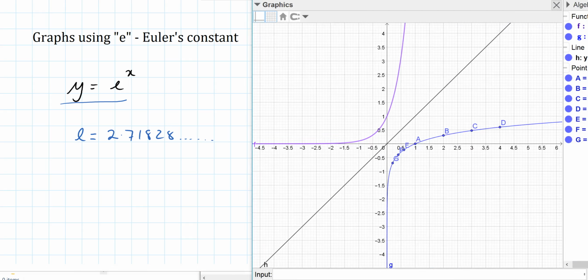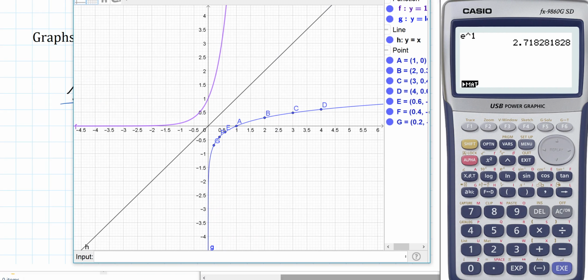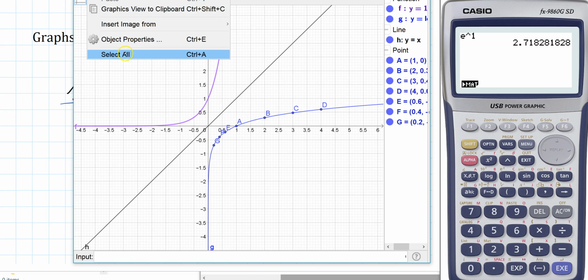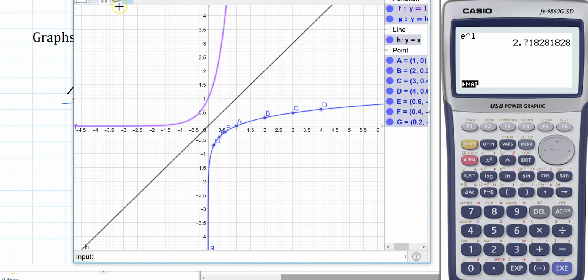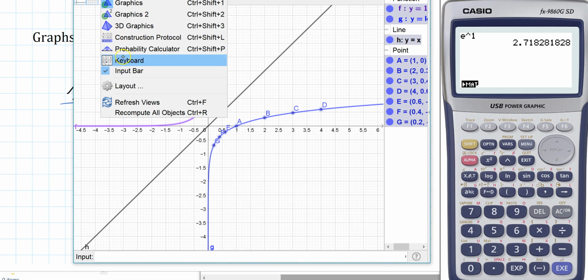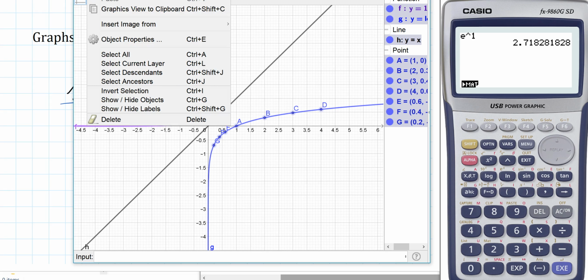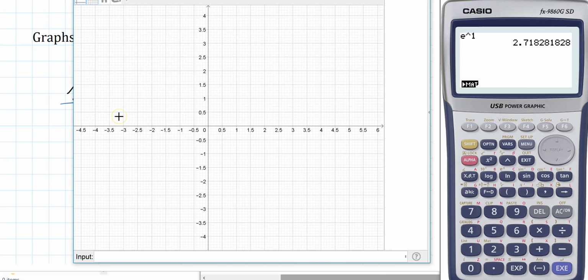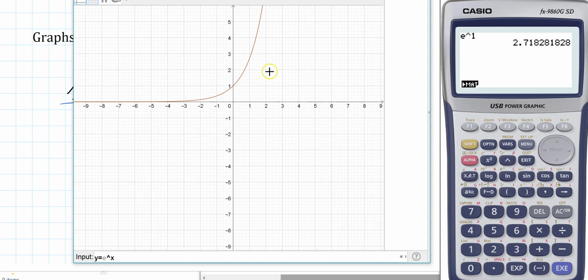So if we go to the graphing package, I just need to clear all the stuff that we've got here and delete that. And there we've got a nice screen. So the first of the graphs that we'll look at is y equals e raised to the power x. And we can see here that it is just an exponential graph as we'd expect.